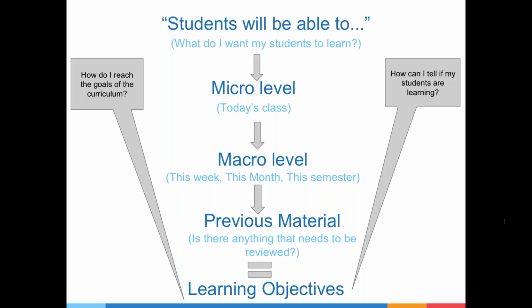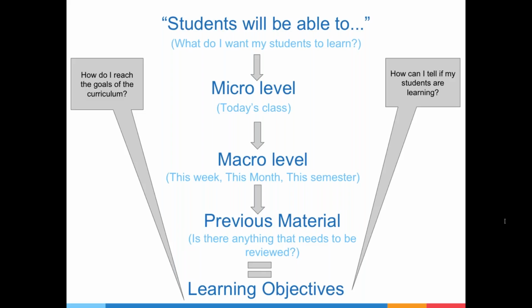And really, a strong portfolio or lesson plans with strong learning objectives really allow us to go back in time and tell what we taught and if it worked. With this simple statement, students will be able to, we can say, yes, students were able to do this. No, students needed more work on this.